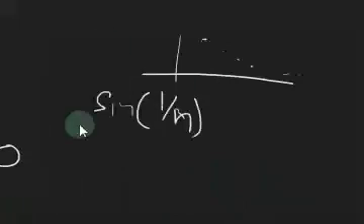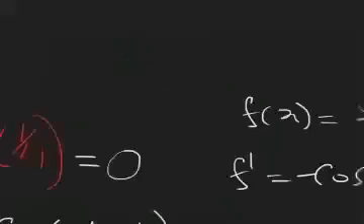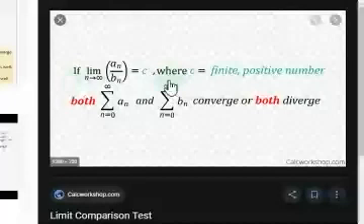So this is a non-negative series. All terms of this series are non-negative, right? Then you can apply the limit comparison test, I think. So look at the limit comparison test.